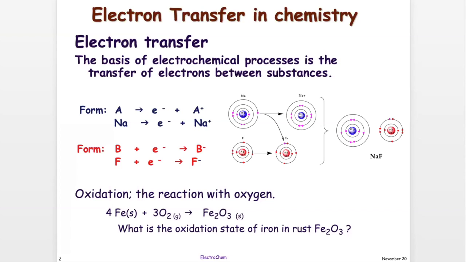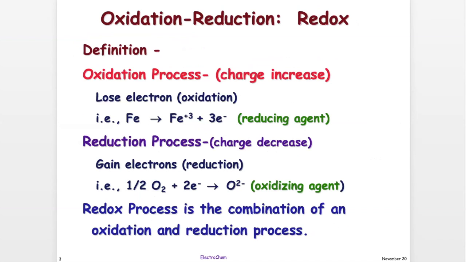Okay, and when the oxidation reaction happens, like what you see here, the species loses electrons. Oxidation is when the charge goes up. In order for the charge to go up, it's got to shed its negative charge.